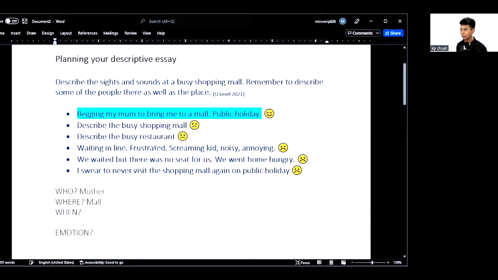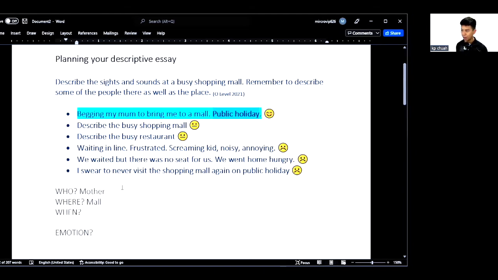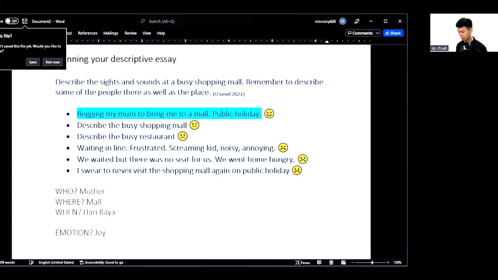Well, of course. And when is it? Now, the when is special because we are thinking of writing about a public holiday. In this case, I'm going to write about Hari Raya, which is Eid. And the predominant emotion, in this case, is joyful, okay, it's joy, it's happiness, anticipation.